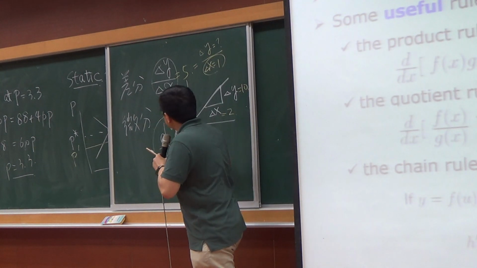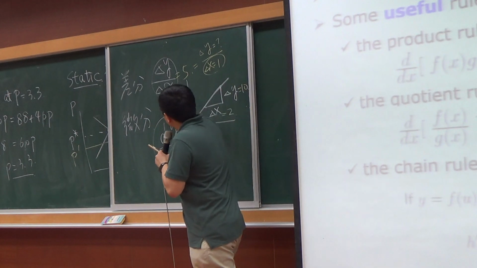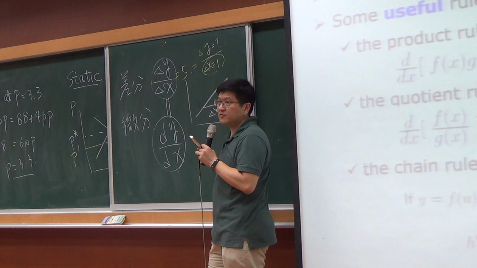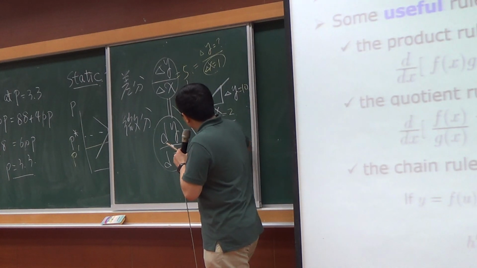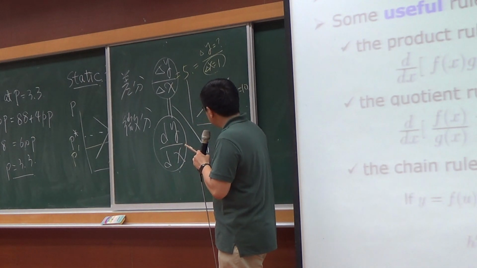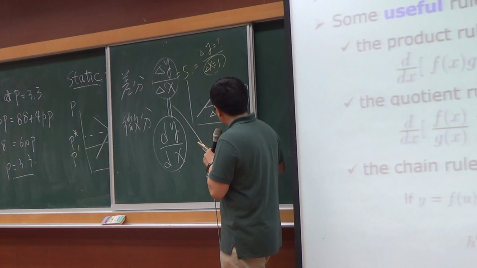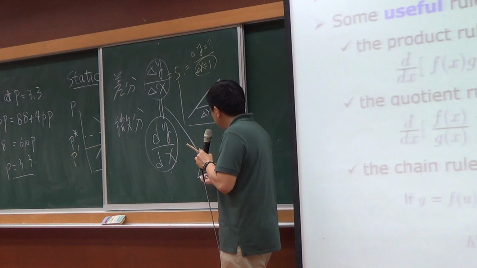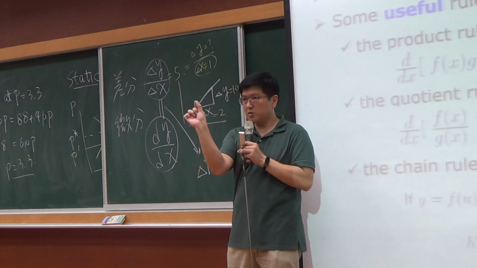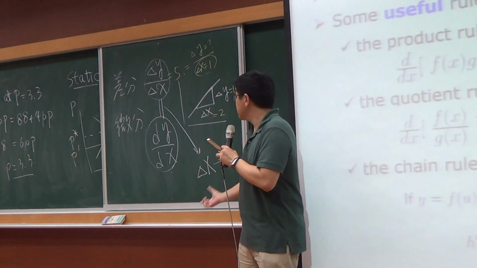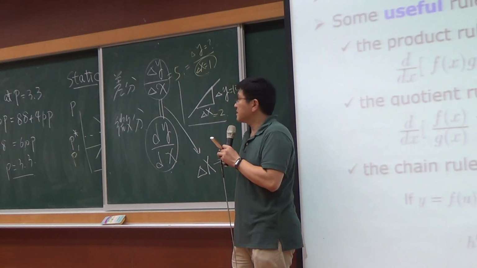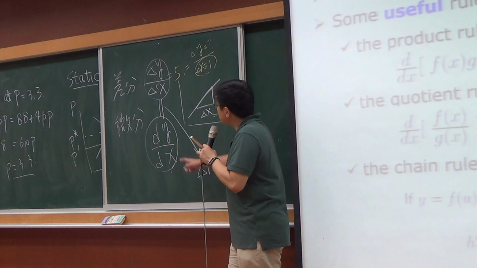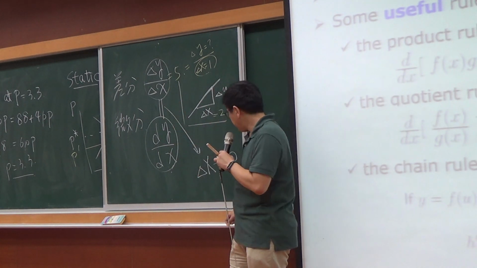Then this version is actually quite the same as the delta version, the difference. Only we make delta x go to 0, approach 0. When delta x becomes smaller and goes very tiny, we go to this version, the differentiation version. So actually they are the same thing.